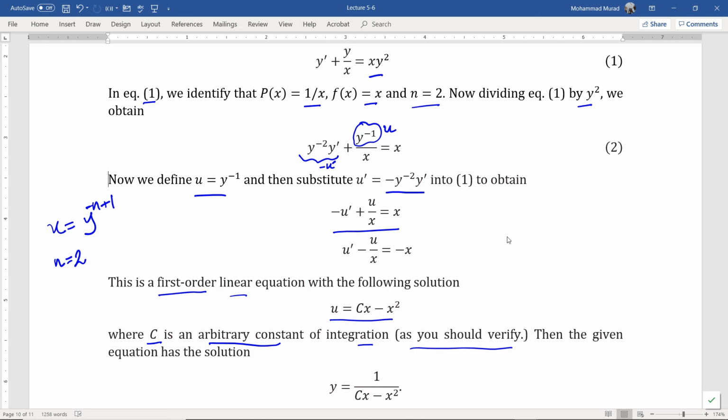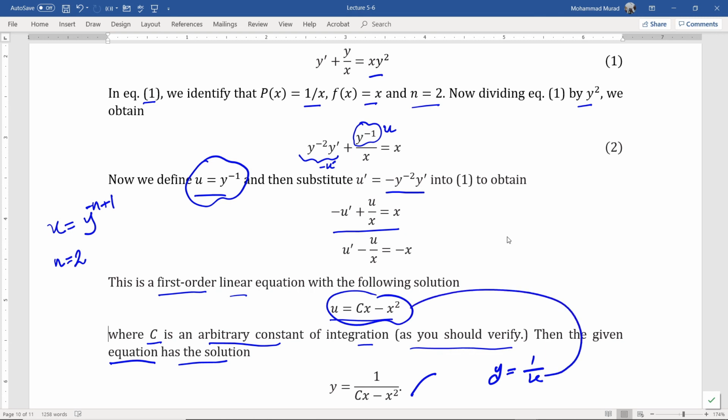Then the given equation in terms of y has the following solution: y equals 1 over c x minus x squared, obtained from this relation, since y equals 1 over u. And then we substitute this expression here to obtain this solution.